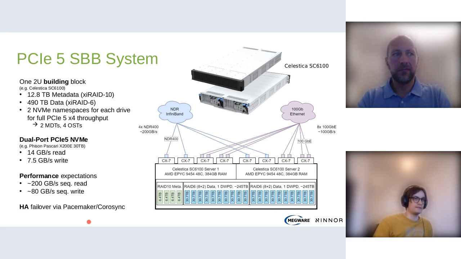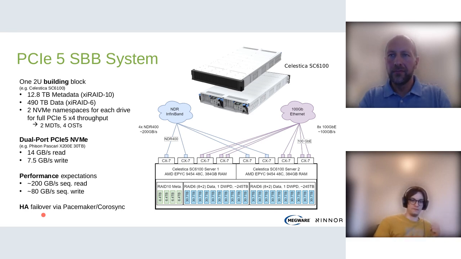So for instance, here this Celestica SC6100 system. It's a 2U box with 2 servers inside, and then you have a backplane with 24 NVMes, and these NVMes are attached to both servers.